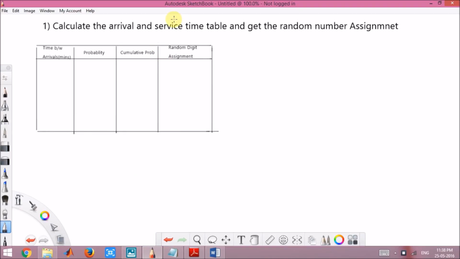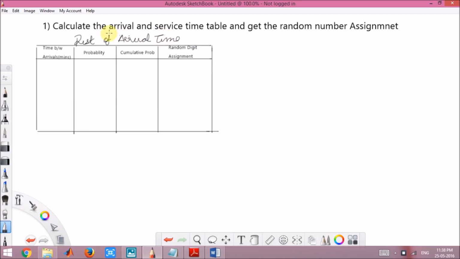Like I said, the first step in doing a problem like this is calculating the arrival and service time table, and then you get the random number assignment. This particular table is the distribution of arrival time, because we need the arrival time.